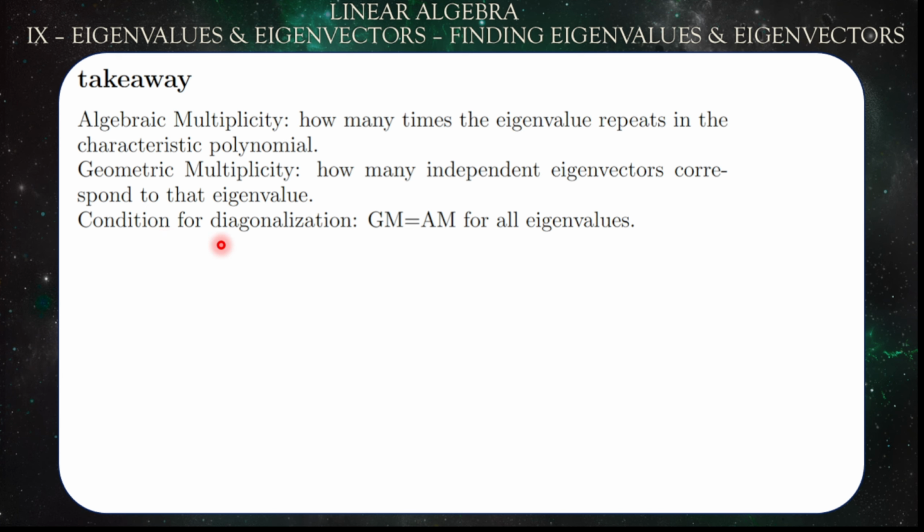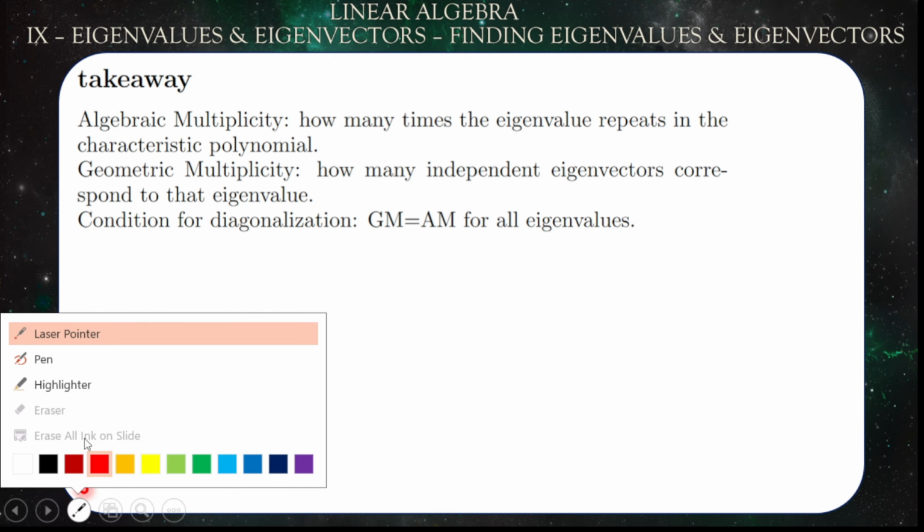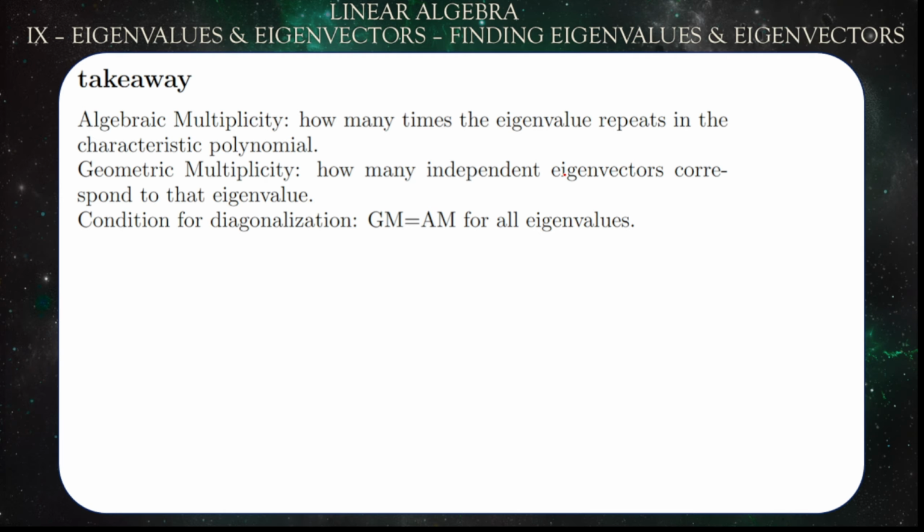So the condition for diagonalization is that GM, the geometric multiplicity defined by the number of independent eigenvectors, should be equal to the algebraic multiplicity, which is how many times the eigenvalue repeats itself.